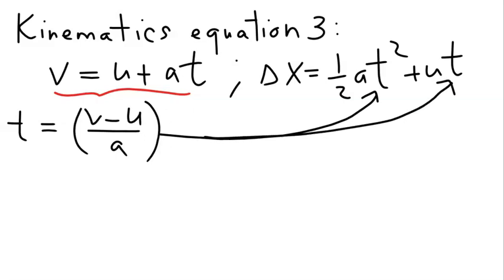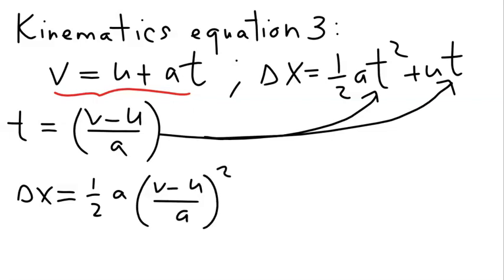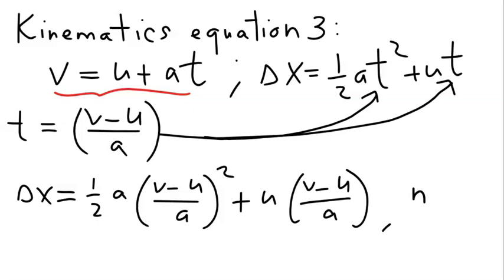So the result that you will get is delta x equals half a times (v minus u over a) squared plus u times (v minus u over a). So you see that there is no t in this equation.